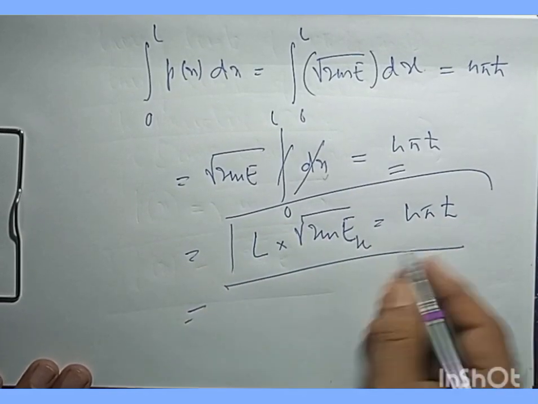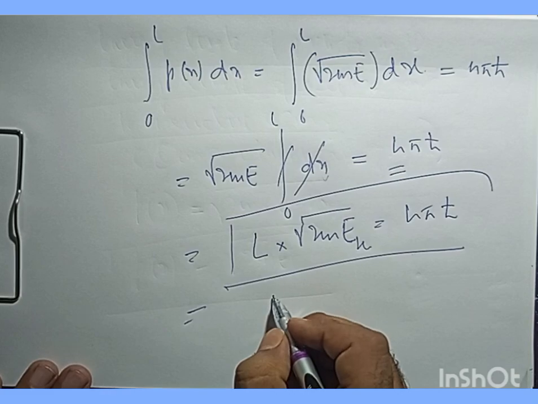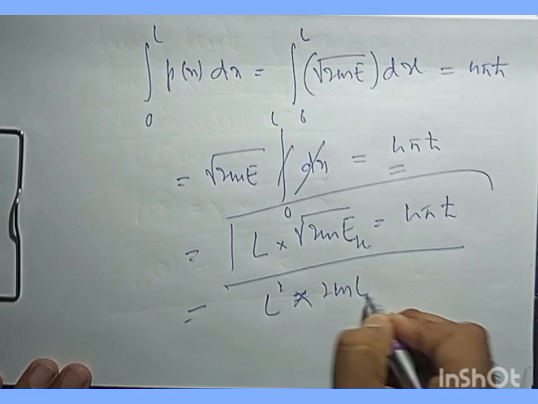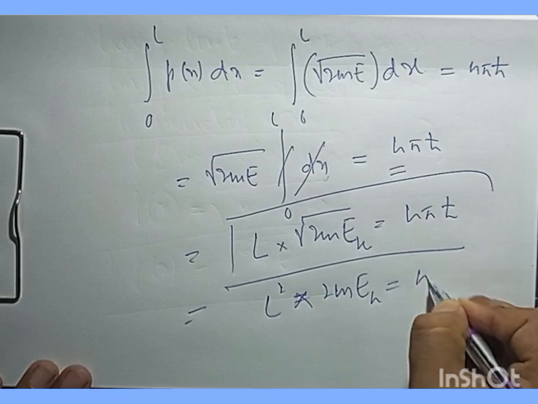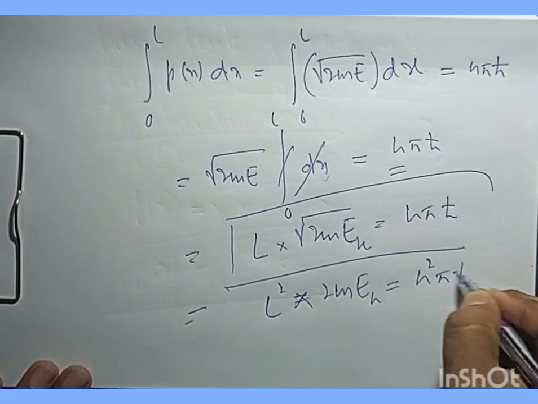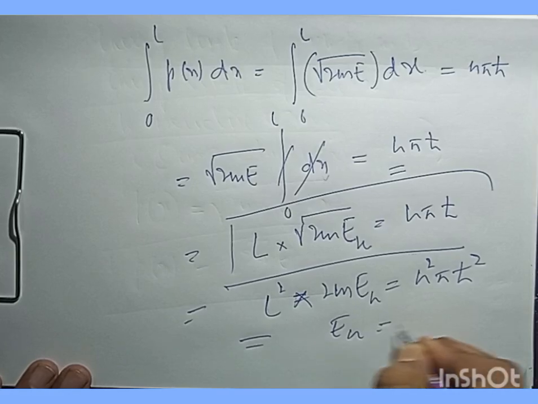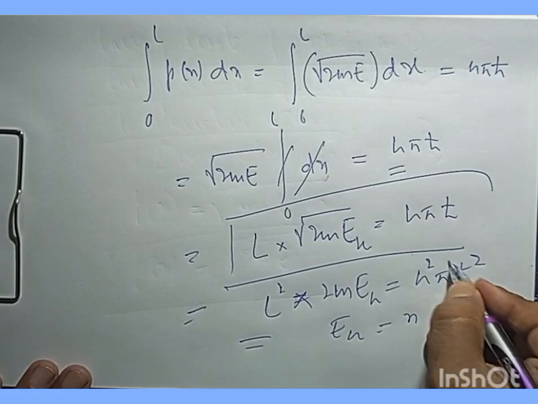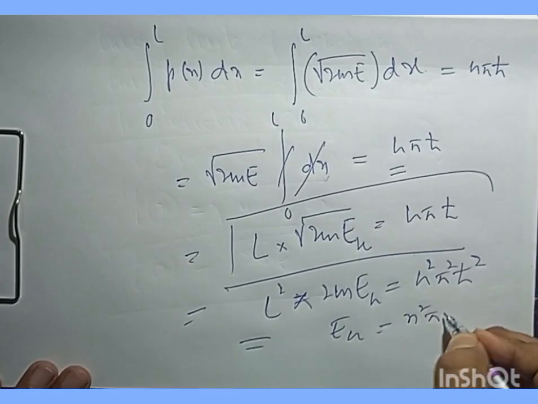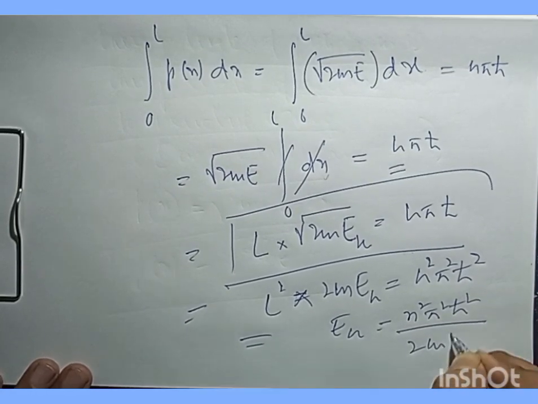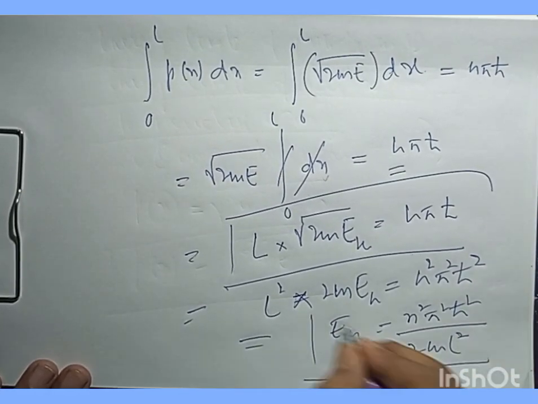On squaring this equation, we will have L square times 2m En equals n square pi square h bar square. So from here we can calculate the energy, and the energy is n square pi square h bar square by 2mL square.